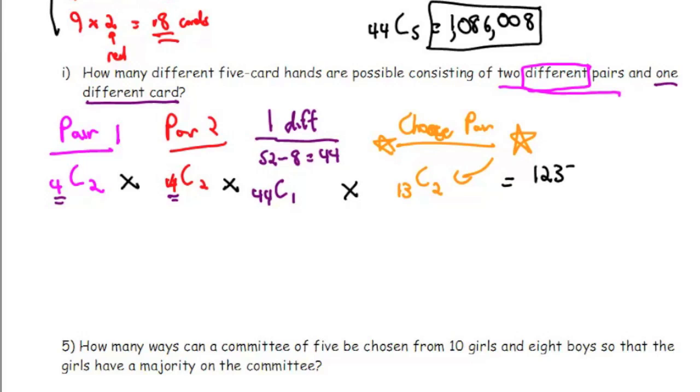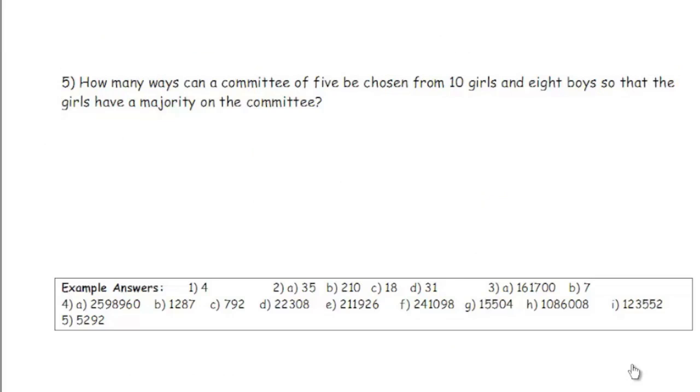But if we have all of these numbers together, and if you understand why, well, wouldn't you know it, fundamental counting principle says multiply those 4 values together, and you're going to end up with a value of 123,552.